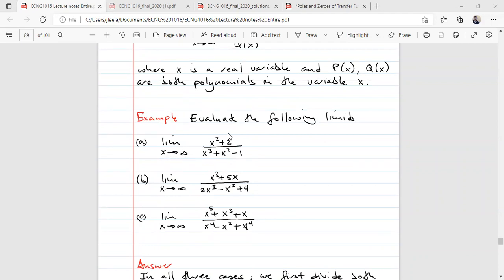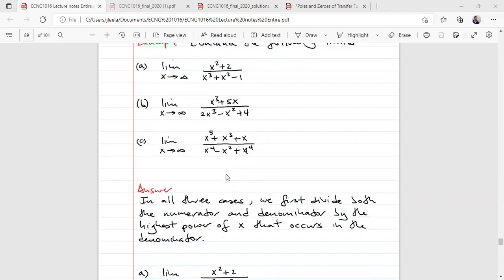Right, so you have three cases here. In all three cases, we first divide both the numerator and denominator by the highest power of x that occurs in the denominator. So if you look at the first instance here, the highest power in the denominator is x cubed, which means every term in the numerator must be divided by x cubed, and every term in the denominator must also be divided by x cubed.